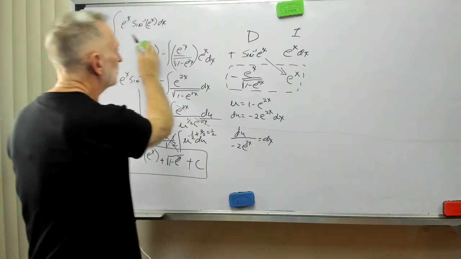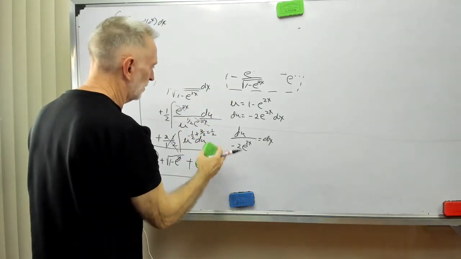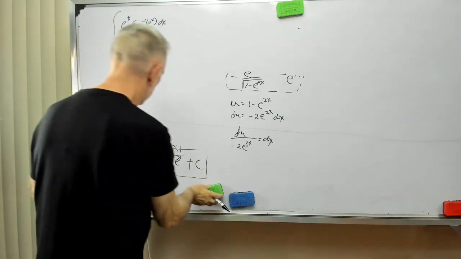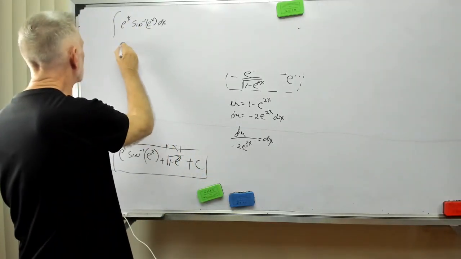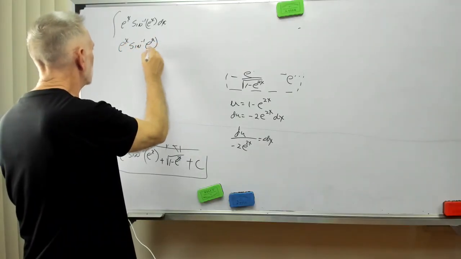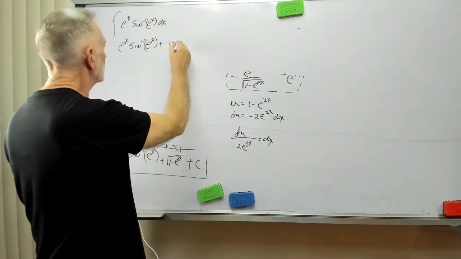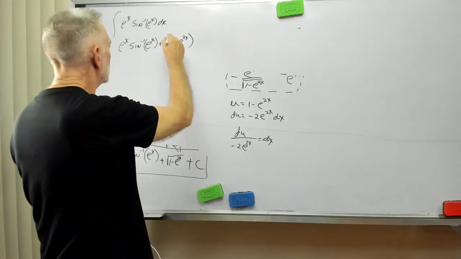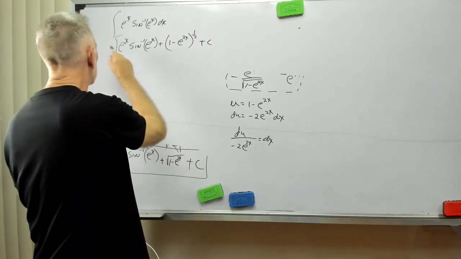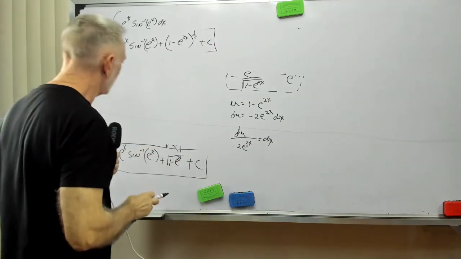All right, let's wipe this all out. I want to remember that one because I'm going to need to take the derivative here in a minute. We have e to the x sine inverse e to the x plus the square root of 1 minus e to the 2x, and we're going to take the derivative of that with respect to x.